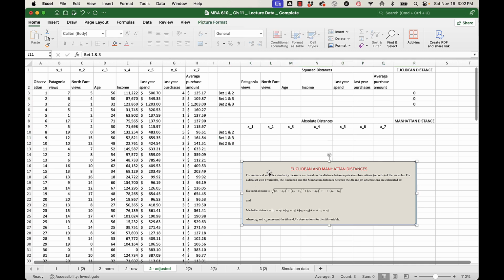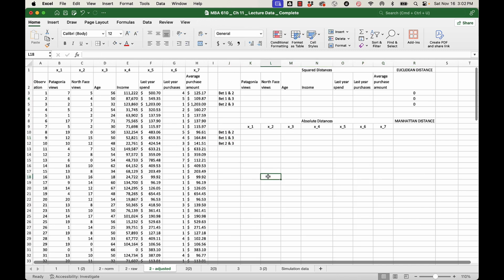I'm going to get rid of this for a second. And then I'm going to unmerge these cells just to make my life easier. And then here you can see in this row, we've got Patagonia, we've got North Face. So can I just come down here and calculate the mean and standard deviation for each of these variables in this column? So what am I doing? I'm going to take each of these variables and replace them with that person's z-score for that variable.